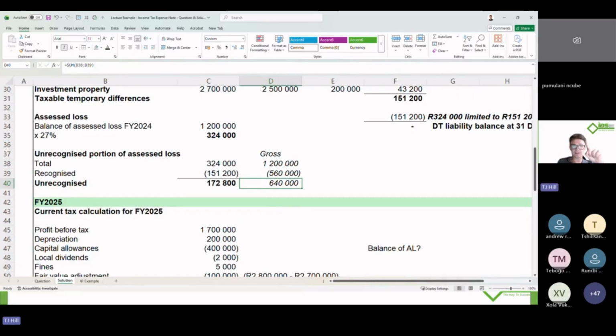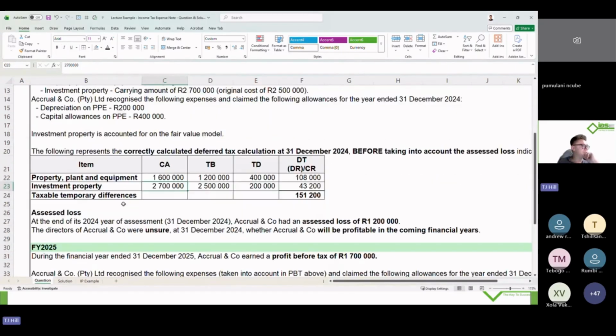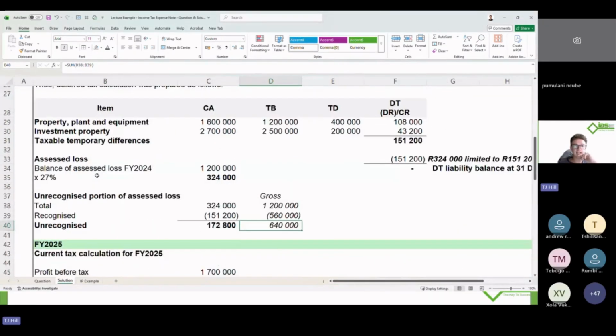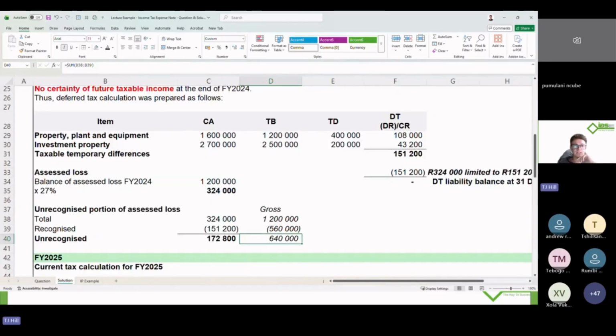And don't answer. I'm going to do a quick poll, a very quick poll. Okay, I want to remind you of the scenario here. At the end of last year, we had an assessed loss of 1.2. Here's my deferred tax.